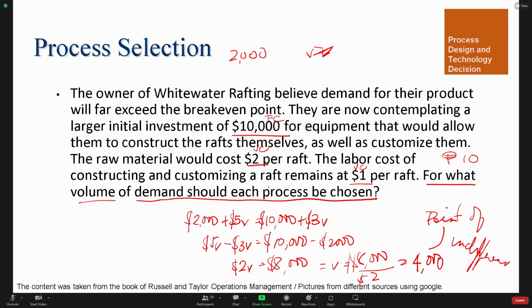So, ano ibig sabihin nito? If your demand is less than 4,000, you choose process A. If your demand is greater than 4,000, you choose process B, yung semi-automated. So, ano sagot? 4,000 at ito.